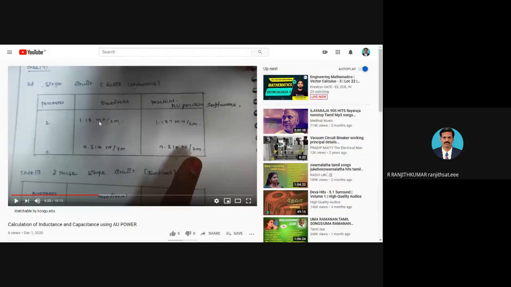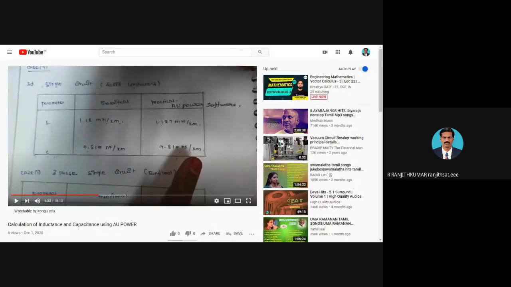Sometimes instead of 1.18 you will have 1.99 or 2, because in the calculation it is up to one digit. Is it clear for everyone? Shall we proceed to the next one?